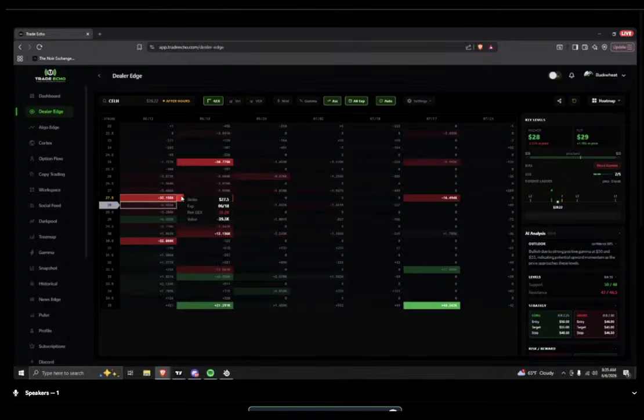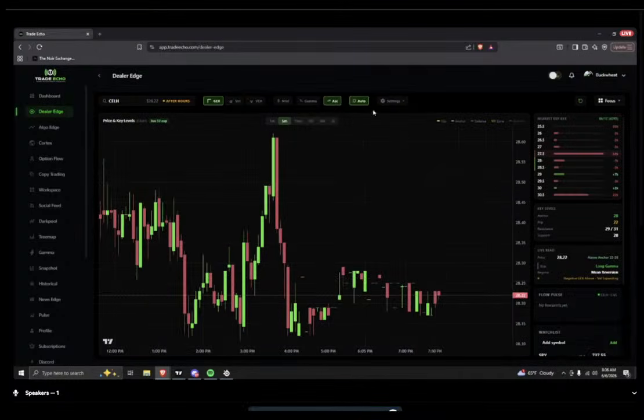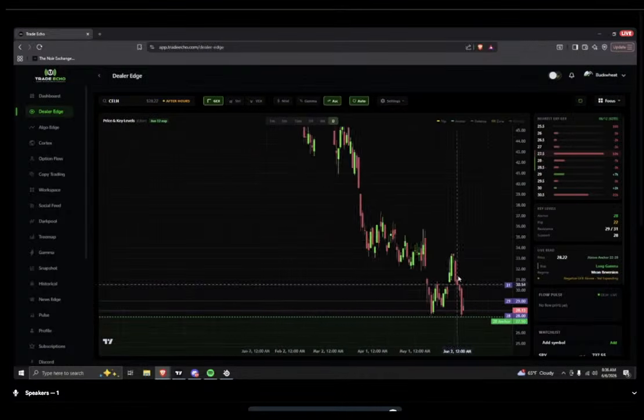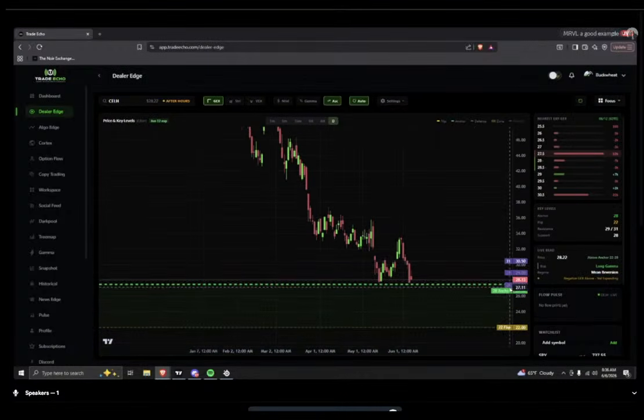So this is telling us something's got to happen at 2750. Keep that in mind, which is around the anchor point.